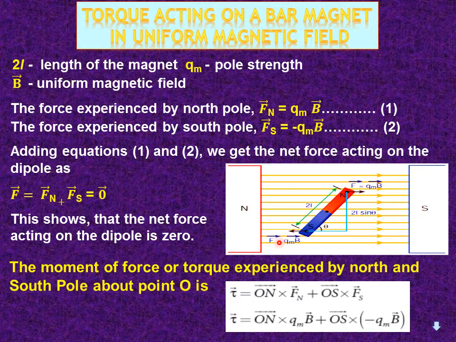Then tau is equal to ON vector cross Qm B, plus OS cross minus Qm B vector.